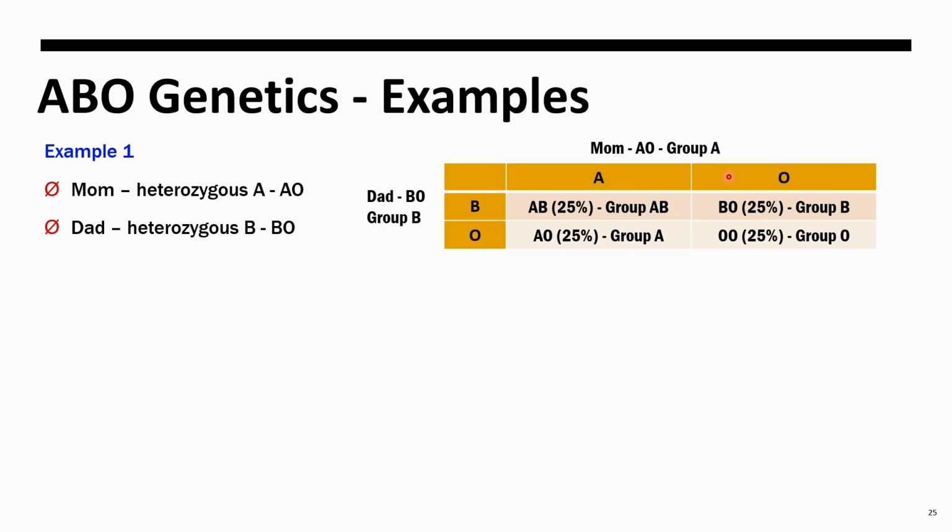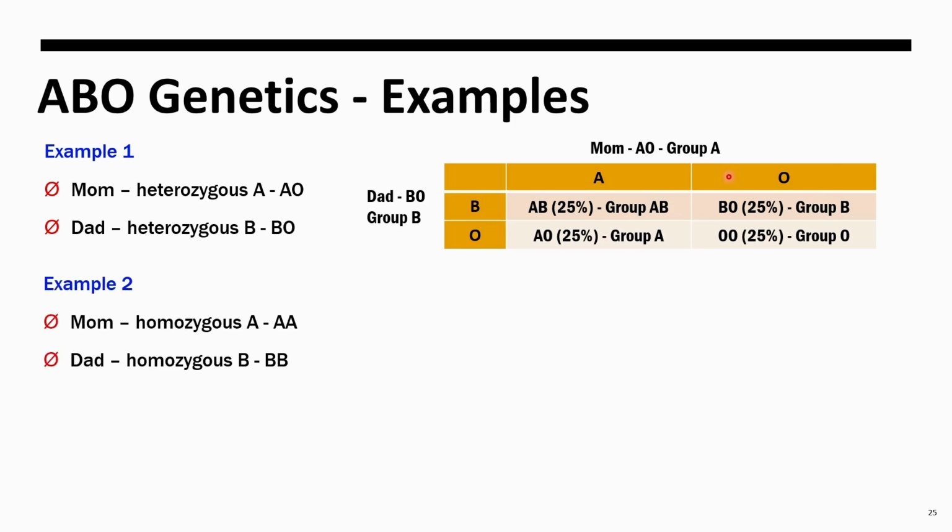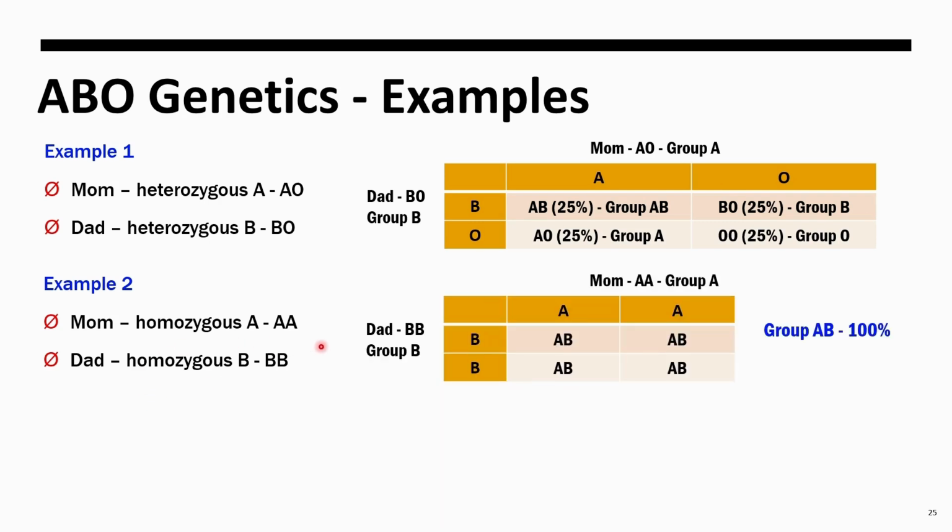Let's take another example. If your mom is homozygous A and your dad is homozygous B, you can see all the children will have AB blood group, because AA and BB. So all the children will get AB.